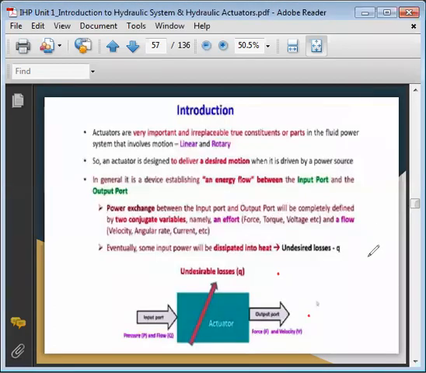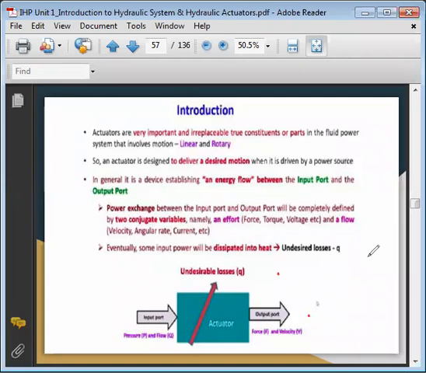Here itself, I want to clear one thing: these actuators are classified into two main types. Hydraulic actuators are classified into two main types, based on the type of motion which actuators produce.